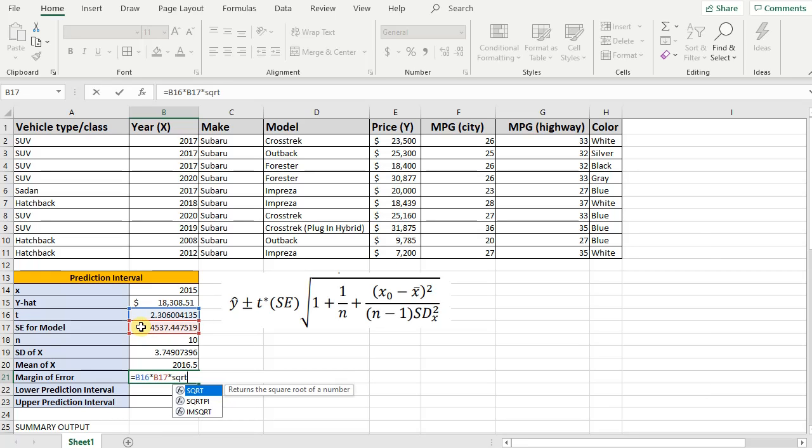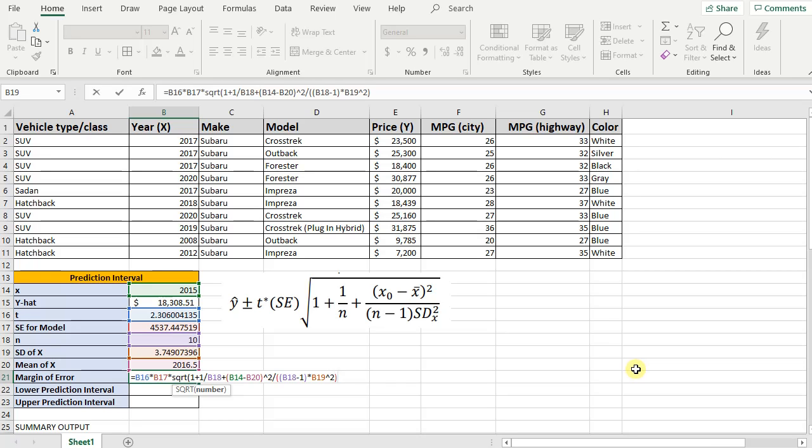Times SQRT, 1 plus 1 divided by, so you see I have 1 plus 1 divided by, I just clicked on 10, plus, and then this last piece, this is the hardest piece, so we write XO minus the mean of X, so I clicked on that, close parentheses and square it, divided by, open 2 sets of parentheses, N minus 1, close that set, times the standard deviation of X, and you square it.